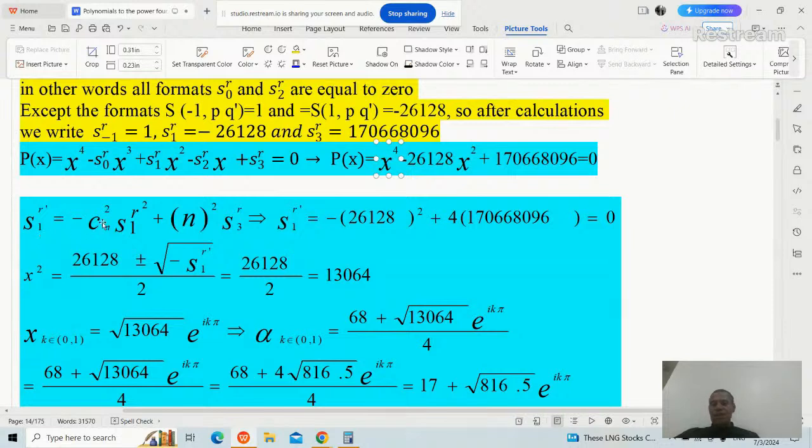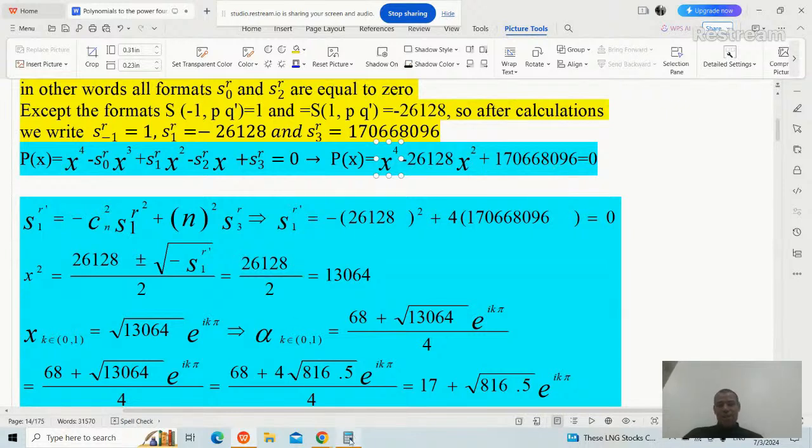You see the value of S1 that we calculated before: for any polynomial to the power n, S1 of order r equals negative combination n choose 2, S1 of order r squared plus n squared times S3 of order q. Here it's a polynomial to the power 4, but I can reduce its highest power. I'm going to suppose that x squared equals u, so it will be u squared plus or minus s1 of u plus s3 equals 0.